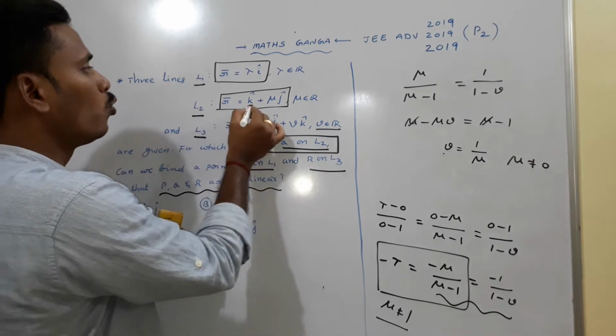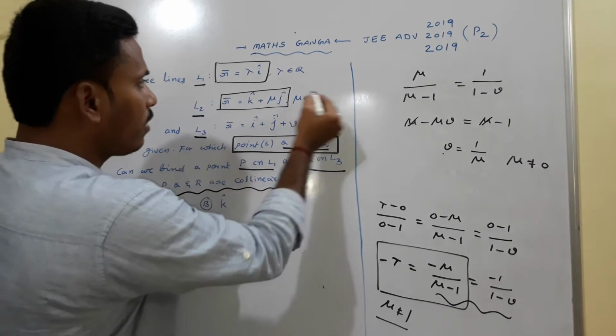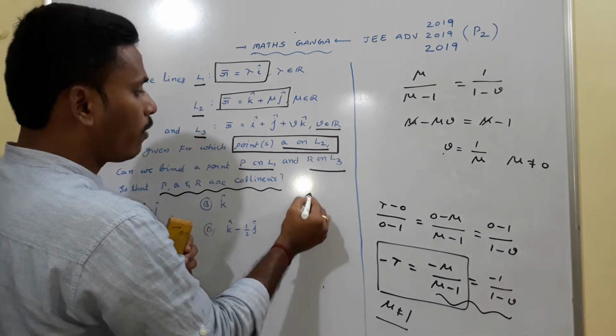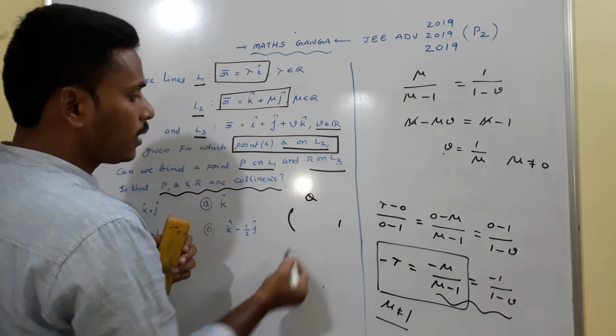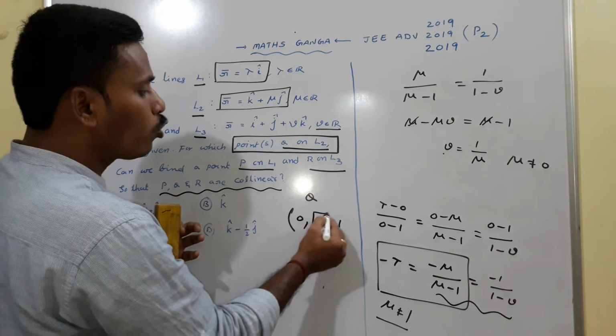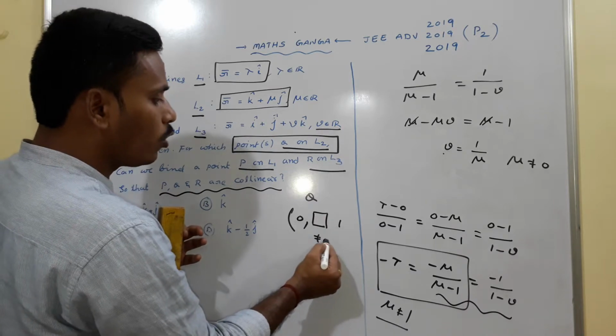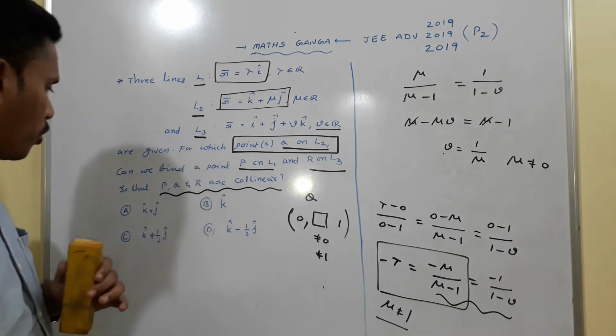What is L2? L2 is of the format k cap plus mu j. The generalized point of Q has k component 1, i component 0, and the j component can't be 0 and can't be 1, as we discussed. Now coming to the options.